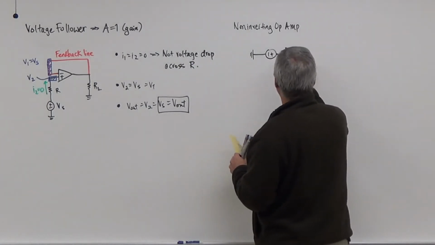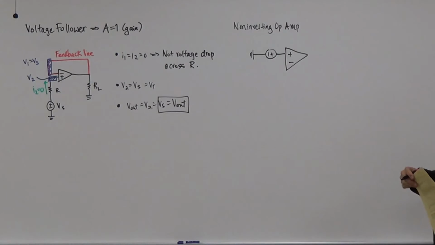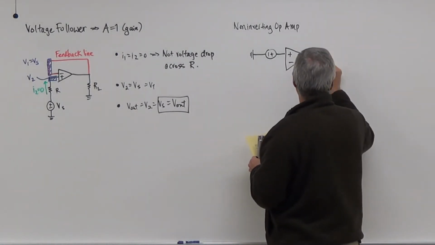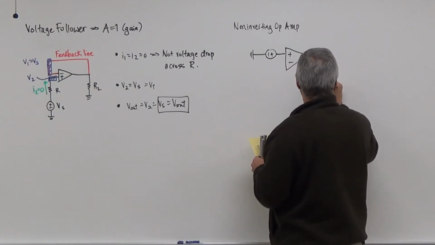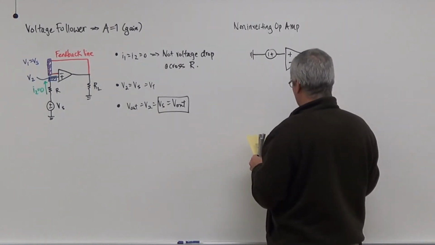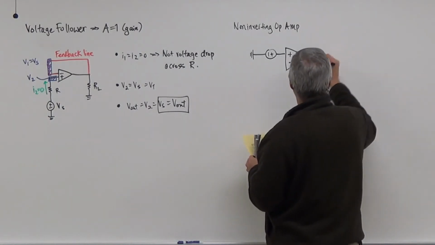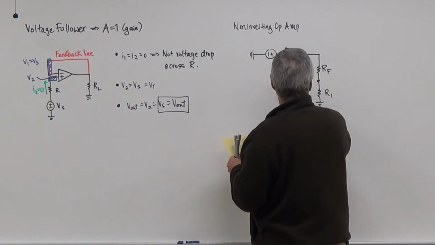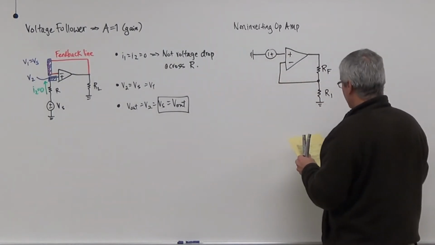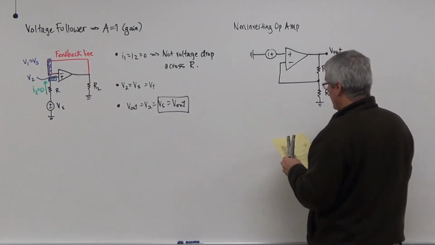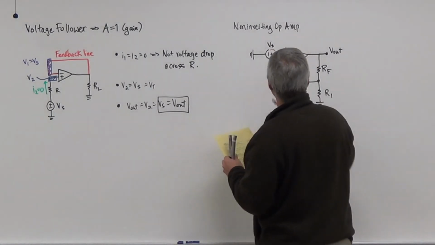I'm going to put the positive at the top instead of the negative. I have a feedback resistor, which I call R, and another resistor, R1, attached to the ground. The feedback line goes from the negative down to this node, which I'll call V out, and this guy is just some V source.